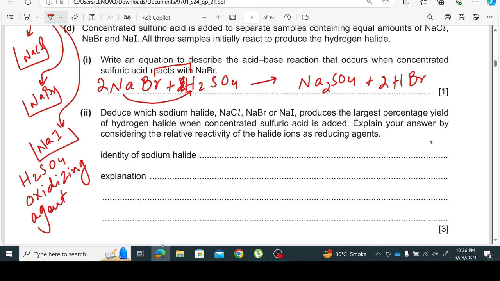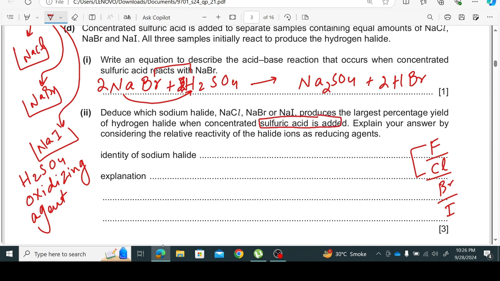Fluorine is a strong oxidizing agent. Chlorine is a weaker oxidizing agent than fluorine. Fluorine, chlorine, bromine and iodine are all oxidizing agents. Sulfuric acid is also a strong oxidizing agent. Understand? Sulfuric acid is also a strong oxidizing agent.